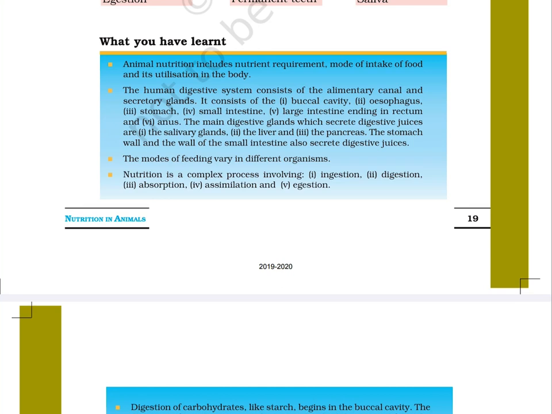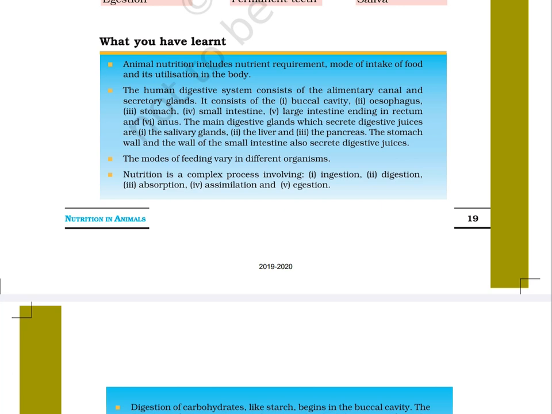Stomach, 4. Small intestine, 5. Large intestine ending in rectum, and 6. Anus. The main digestive glands which secrete digestive juices are 1. The salivary glands, 2. The liver, and 3. The pancreas. The stomach wall and the wall of the small intestine also secrete digestive juices.